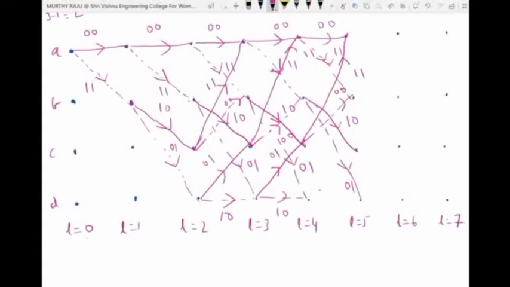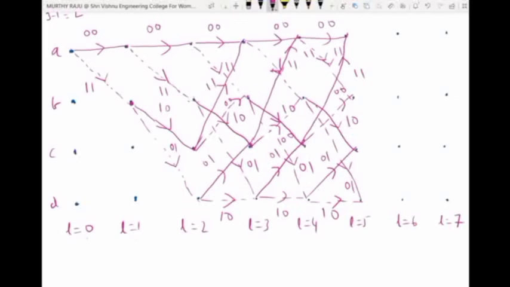Next D to C with output 0 1. D to D, the output is 1 0.